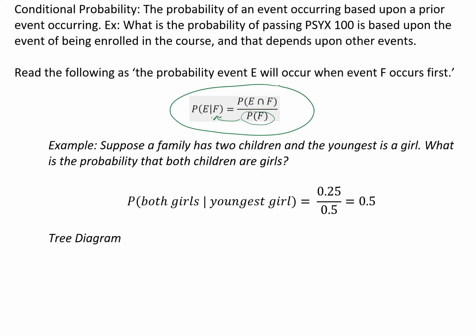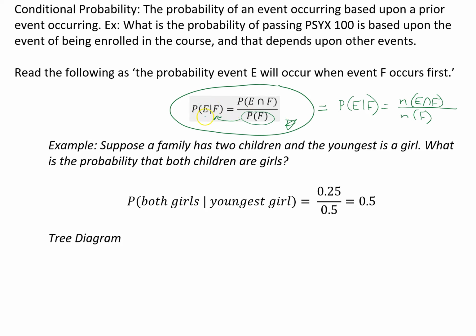This same formula can be simplified down if you happen to know that you're dealing with outcomes of a particular set having an equal chance of occurring. Then you could say that the probability of E given F is equal to the number in the intersection of E and F divided by the number in F. That same formula can be modified if you wanted to.